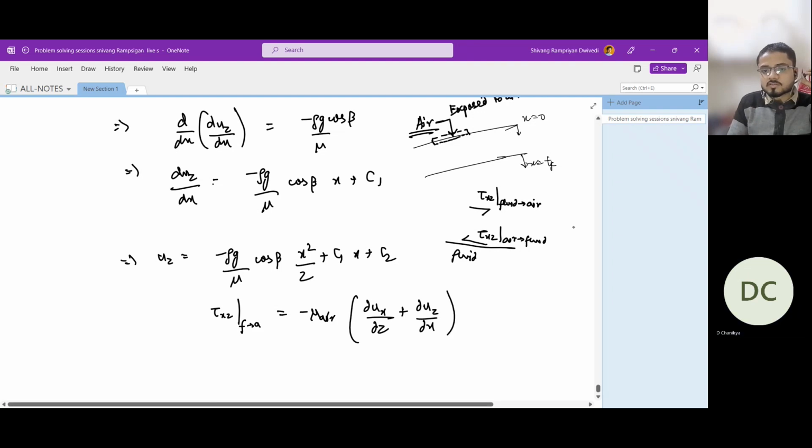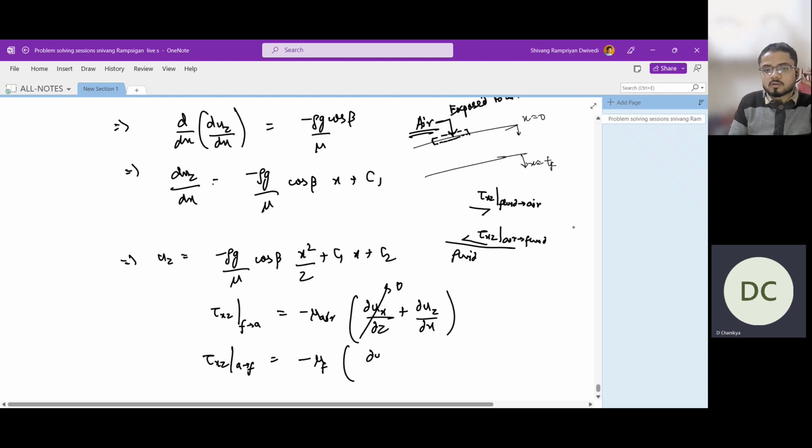And this is 0. And tau xz from air to fluid will be given as minus mu of fluid times del uz over del x. I won't be writing these things, okay? In the air, in the fluid, right?